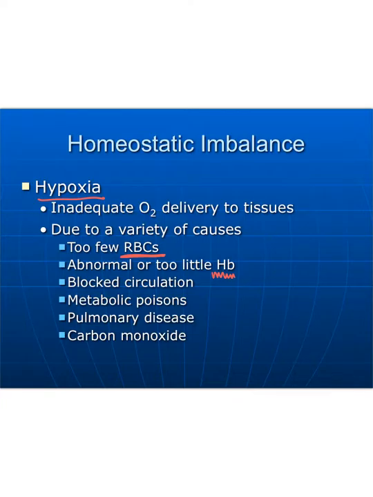HB is just short for hemoglobin. If part of your circulation is blocked, maybe an artery, you have a lot of plaque buildup. Obviously blood is carrying the oxygen. If you have metabolic poisons that add up, again, too much CO2, not being able to remove the body from natural metabolic waste. Pulmonary disease, in which you're unable to bring enough oxygen into the body.